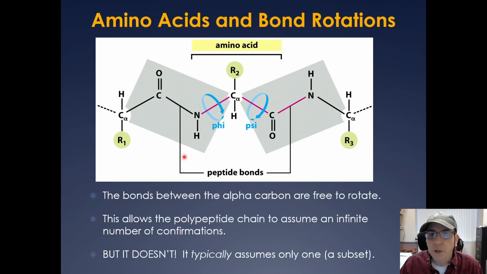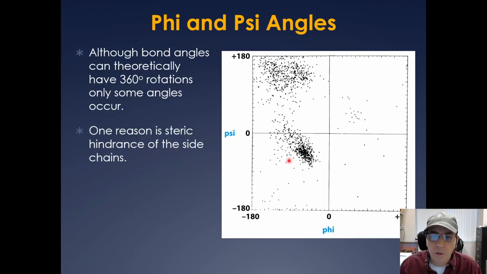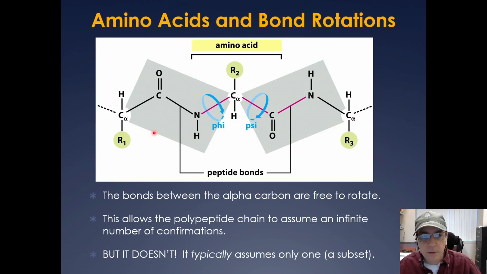If we go back right here, you have this R group and this R group, and these two bonds, the Phi and Psi around this C alpha carbon, are not going to have full 360-degree rotations, because this R group and this R group off of the protein are going to clash into each other, and so there's steric hindrance there that prevents them. And this occurs throughout the whole molecule and around all of the different angles, extending outward even past these side chains.